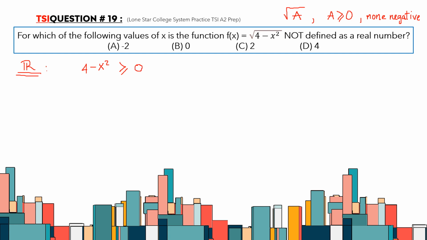Now we have to solve the inequality. We do the same thing as with equations. So we subtract 4 from both sides. We cancel that. On the left hand side we have negative x squared greater than or equal to negative 4. Now we multiply both sides by negative 1.